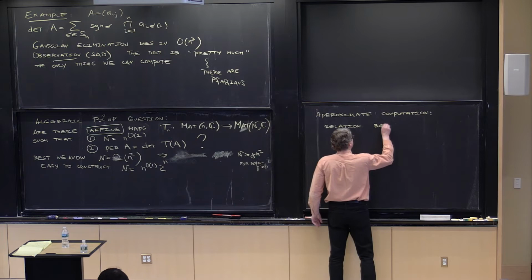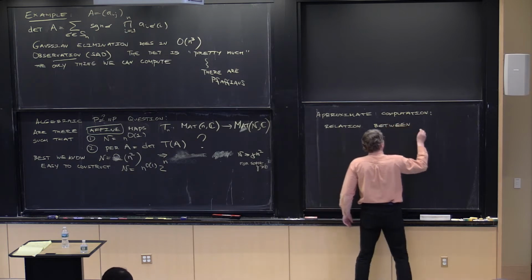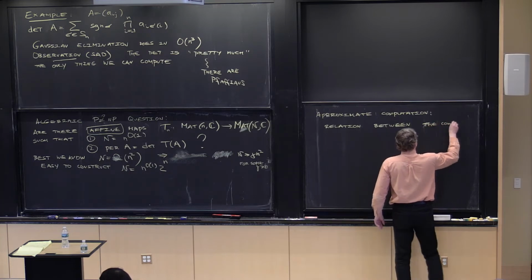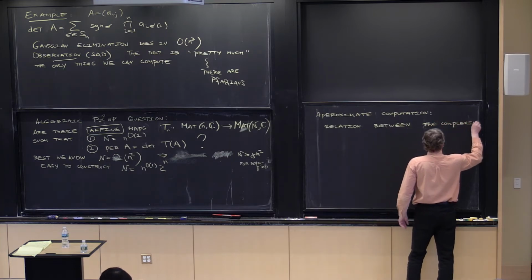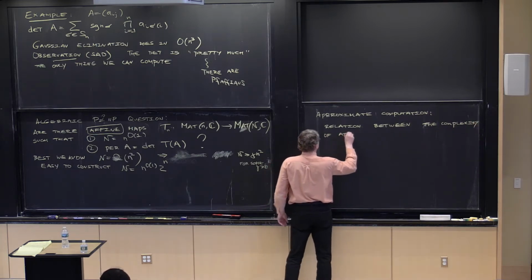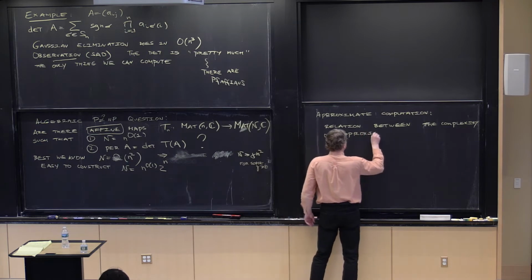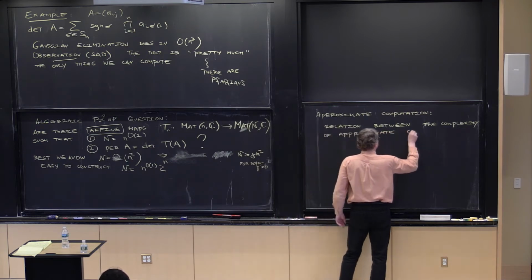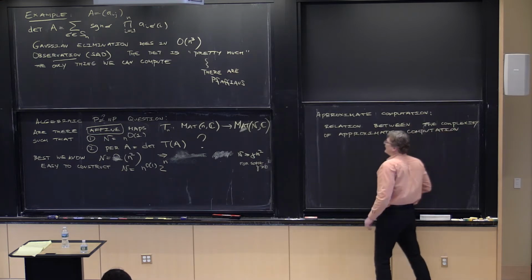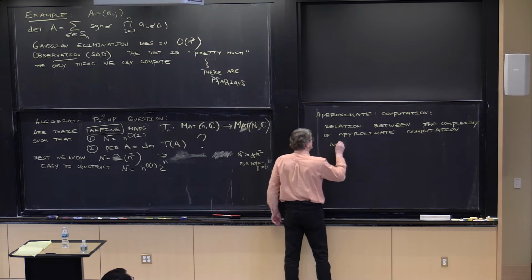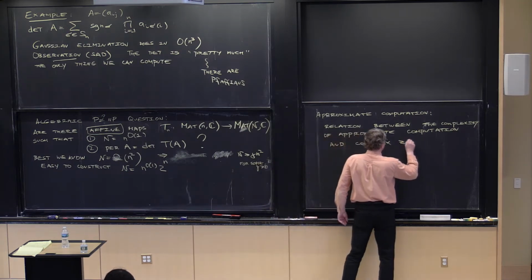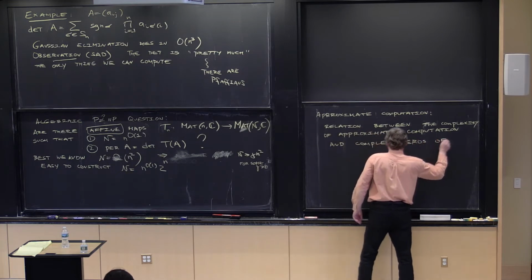It's the relation between the complexity of approximate computation and complex zeros on the polynomial.